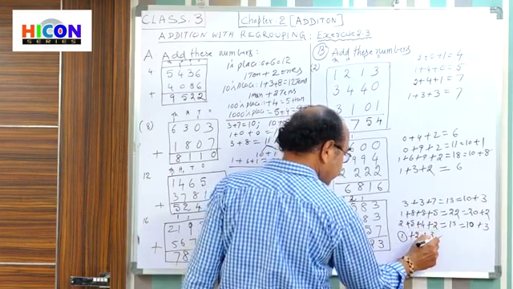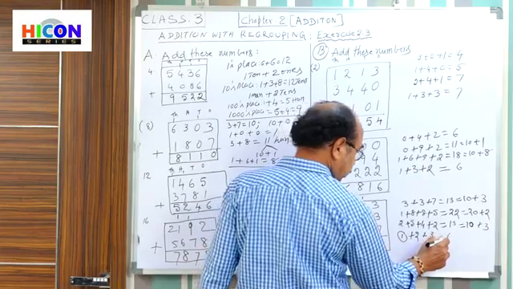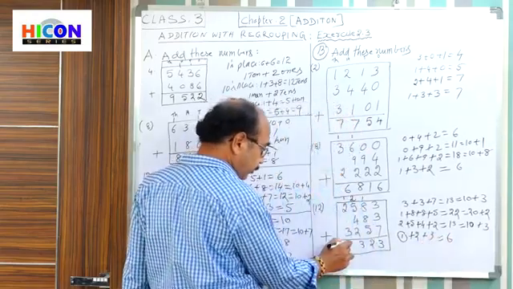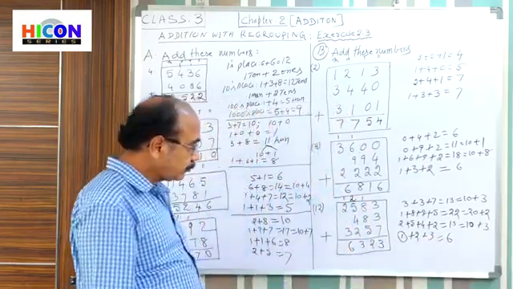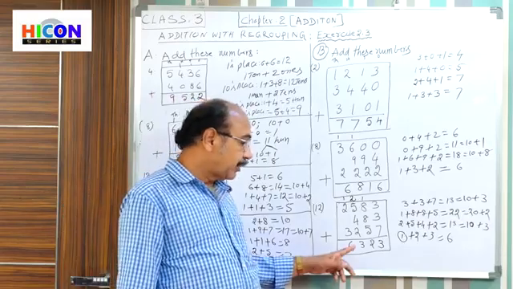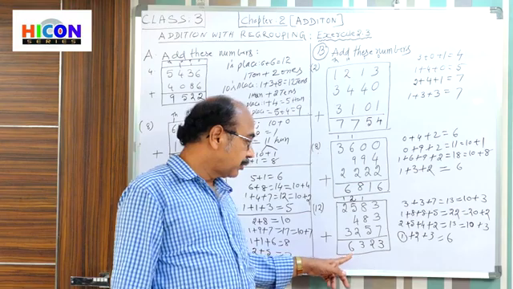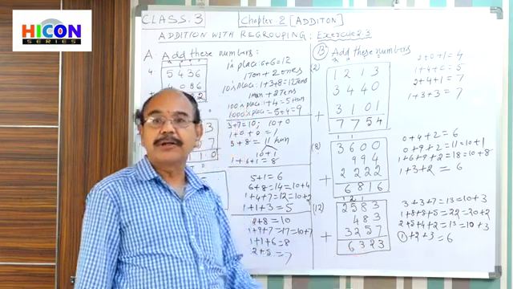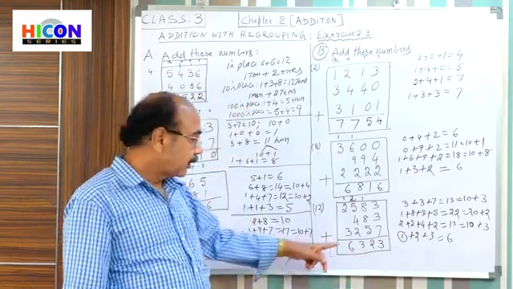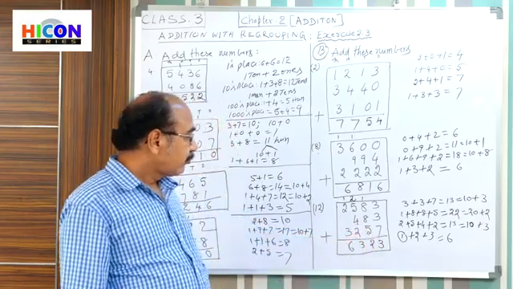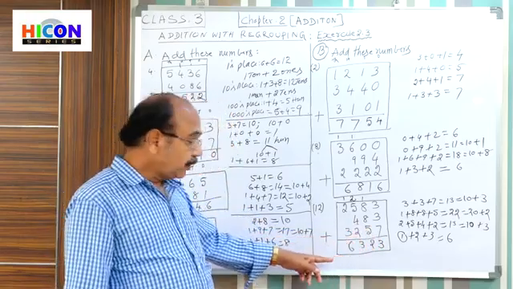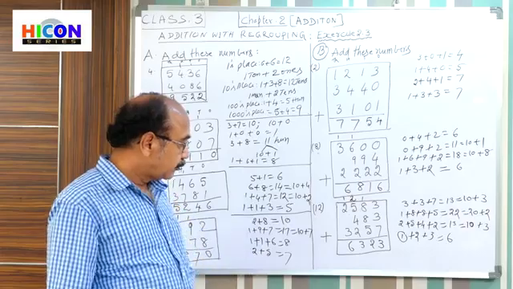Totally 6 thousands. So finally, what is the sum of the three numbers here? 6,322. This is the sum of the three numbers.